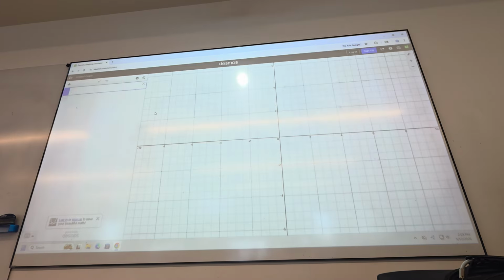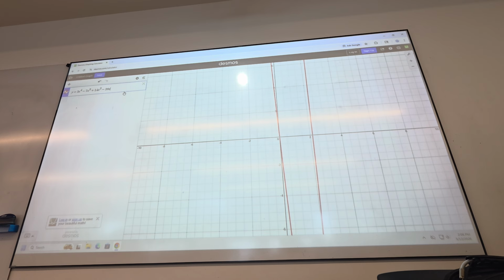Where'd it go? Is that the one we're doing? Wait, am I in the same one? No. Okay. We're doing this one. 3x to the 4th, that one, right? Yeah. 3x to the 4th minus 7x cubed plus 14x squared minus 28x plus 8.